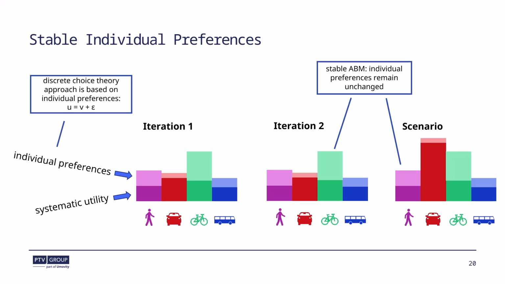You see, the individual preferences are the same as before, but the systematic utility of car has improved. Together, in sum, the car utility is the highest one, and that's why we would choose here car. And this is completely okay. It improved, and therefore we may change to this alternative.